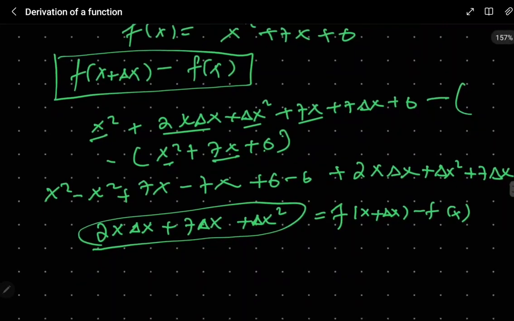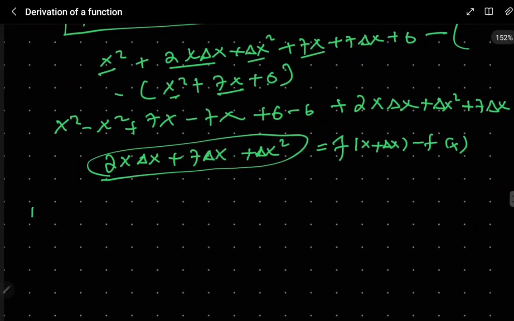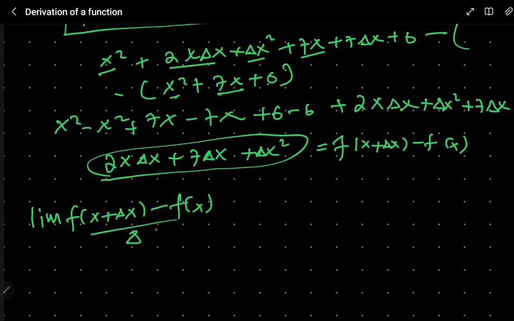But the definition of a derivative is the limit of f of x plus small change in x minus f of x over the change in x, as the change in x goes to 0. So this is equal to the limit of this thing.